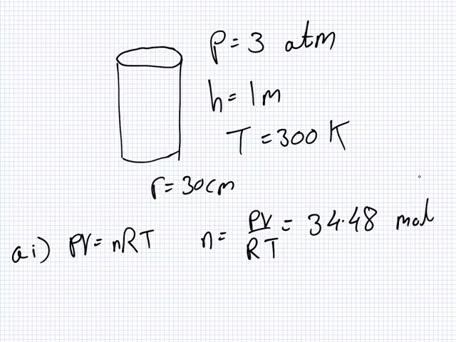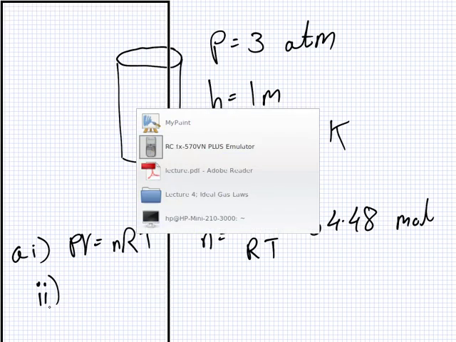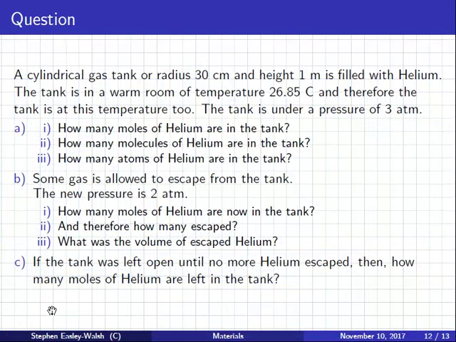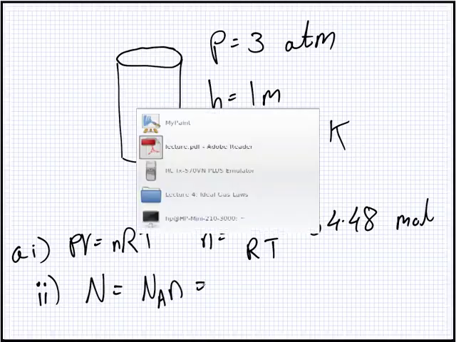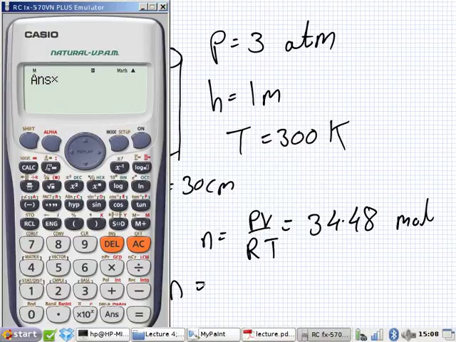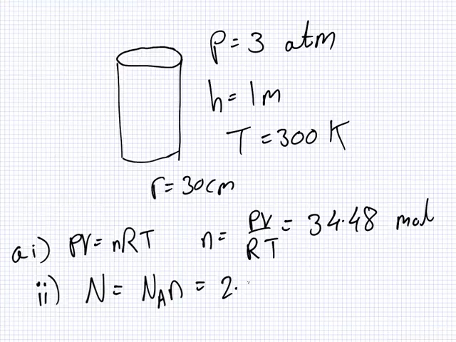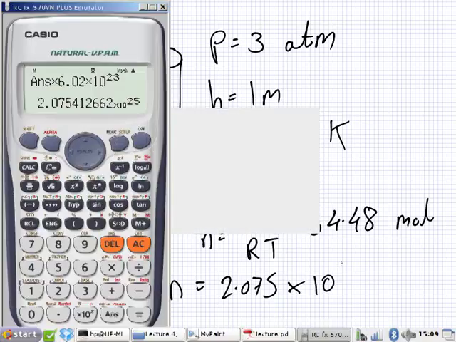Are you happy enough with that? Yeah. Part 2. How many molecules? Well, that's Avogadro's number times the n here. So if I just multiply this by 6.02 times 10 to the power of 23, 2.075. Is there a mistake? No?